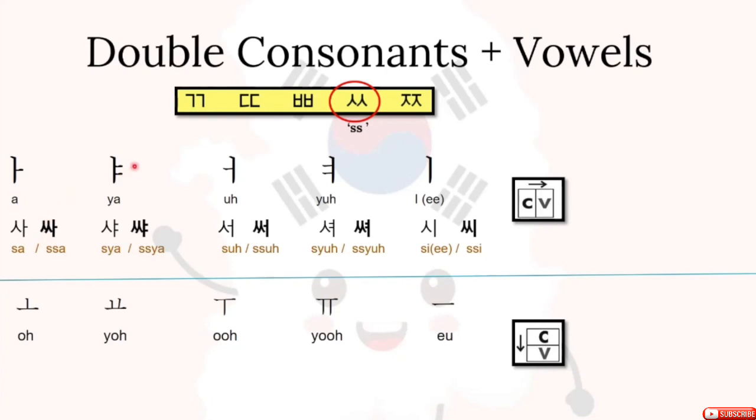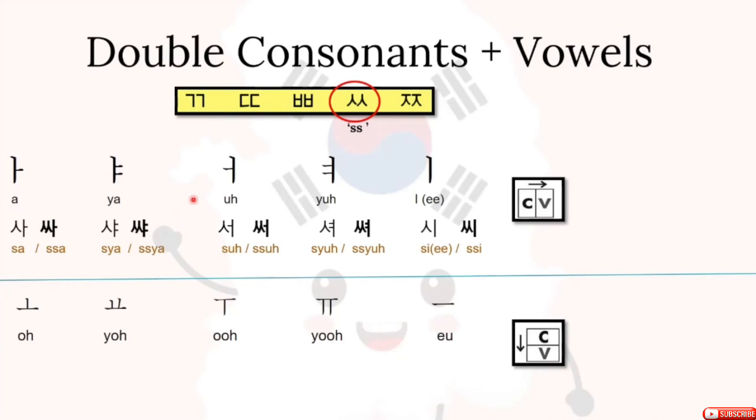Next one. Ya, vowel. And the single consonant with s becomes sha. Now for double consonant, s and ya becomes sha. Sha, sha, sha.